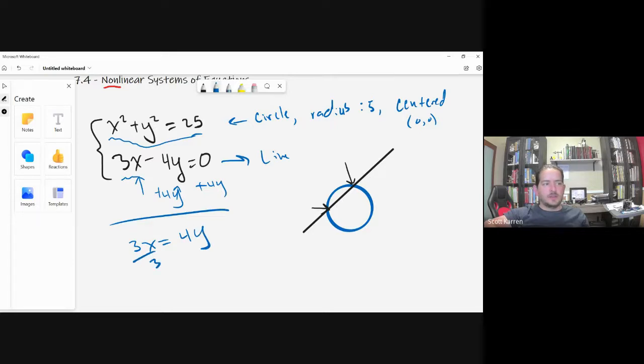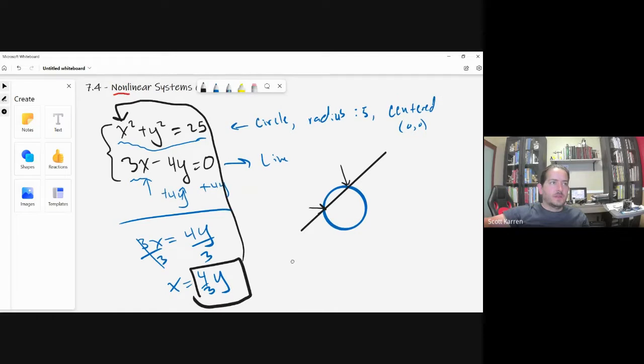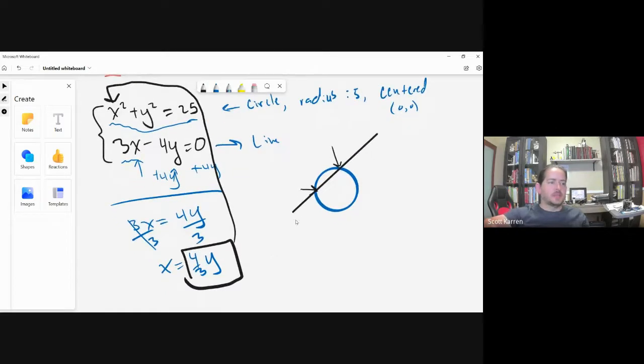If I divide each side by 3, then I have x equals 4/3 y. And I can take that 4/3 y and replace it into the x of the other equation. So that becomes (4/3 y) squared plus y squared equals 25.